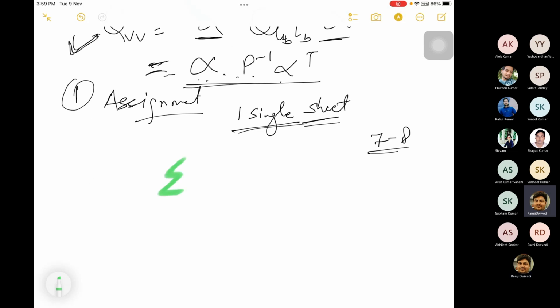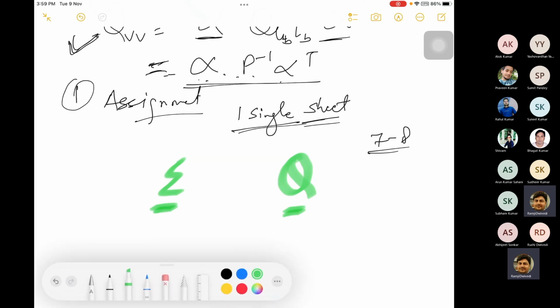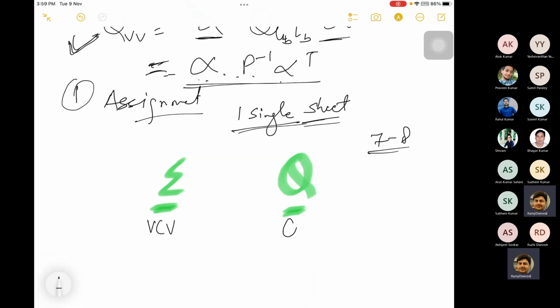What is the relation between sigma and Q? Anybody? You must know what is sigma. Sigma is the variance covariance matrix, and Q is the cofactor matrix or relative variance covariance matrix.